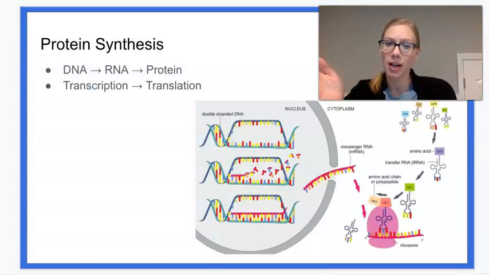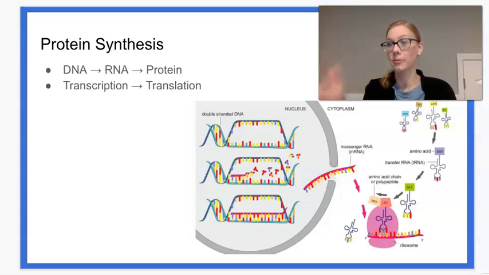So where we left off, we were talking last time in our videos about the process of transcription. We were also talking about the idea of central dogma, that we go from DNA to RNA to protein. To go from DNA to RNA, the first step is something called transcription. We change it from the DNA language into the RNA language.